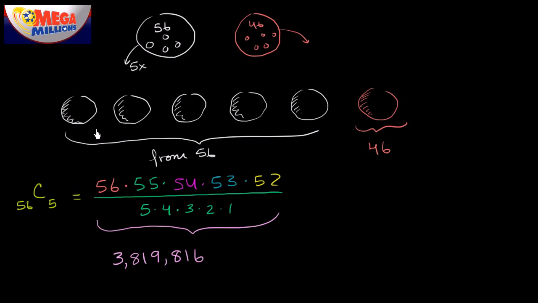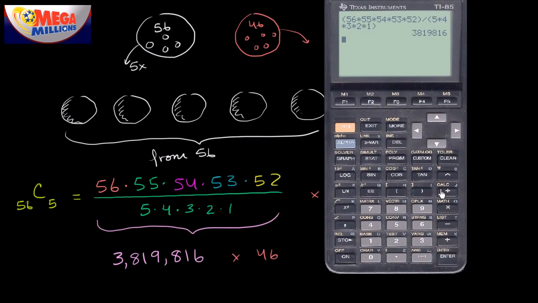So your odds of picking just the white balls right are going to be 1 out of this, assuming you only have 1 entry. And then there's 46 possibilities for the orange ball. So you're going to multiply that times 46. Bring the calculator back. We're going to multiply our previous answer times 46. Ans just means my previous answer. Times 46.